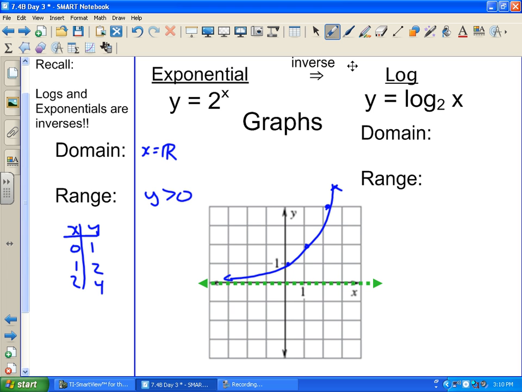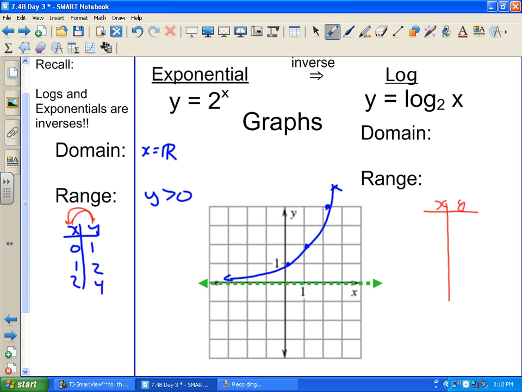Now, I want to look at the graph of logs. Logs are inverses of exponents. Inverses means all we do is flip-flop the x's and y's. So what was once x is now a y. What was once a y is now an x.